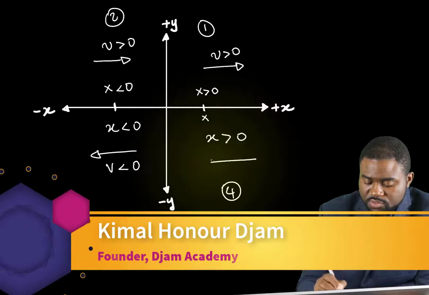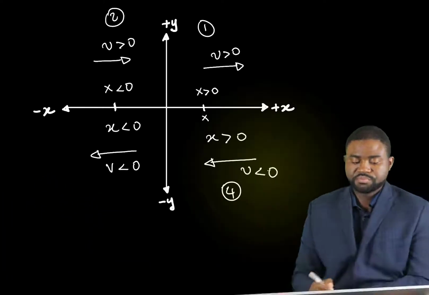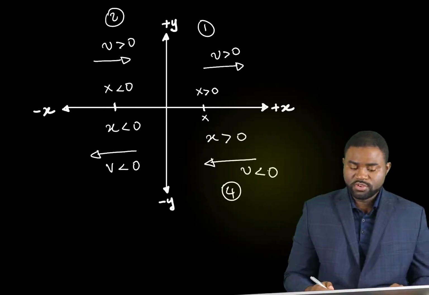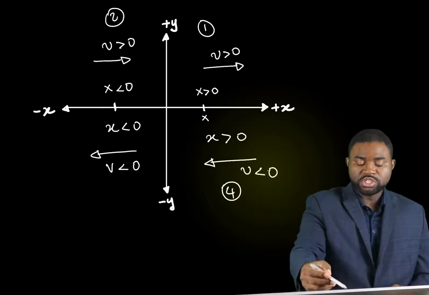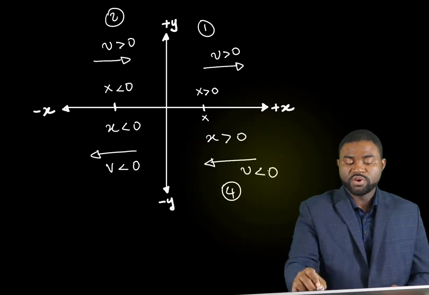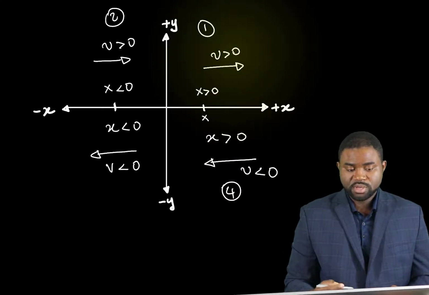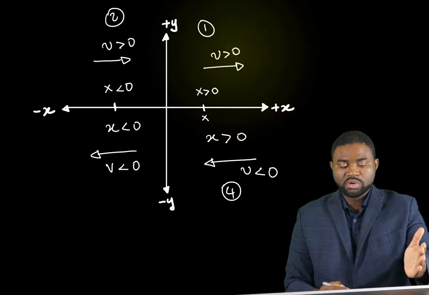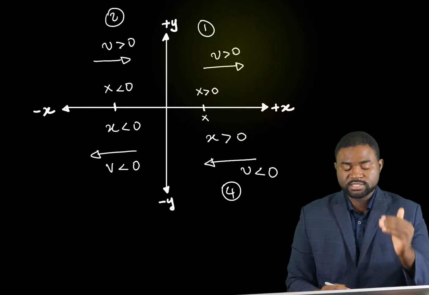And if the object is moving in this direction, v will be less than 0. What do you notice? You notice that in the first quadrant, where the object is moving to the right, v is positive and x is also positive. In the second quadrant, in which the object is moving to the right, v is positive but x is negative.